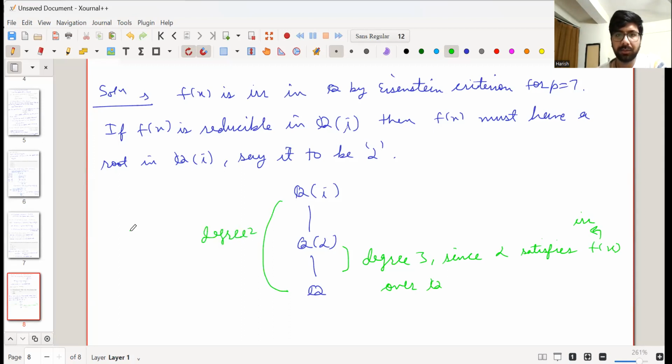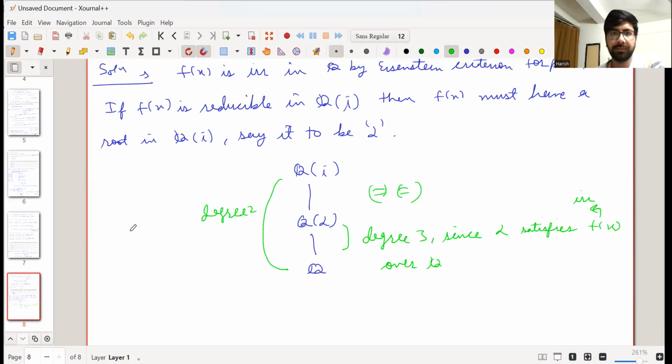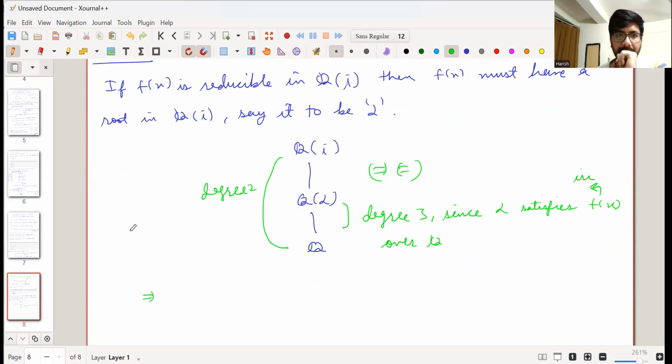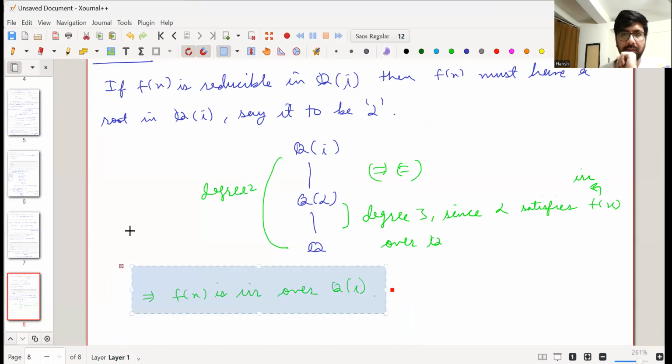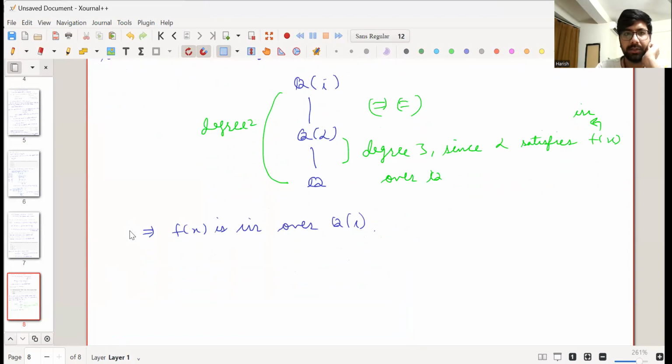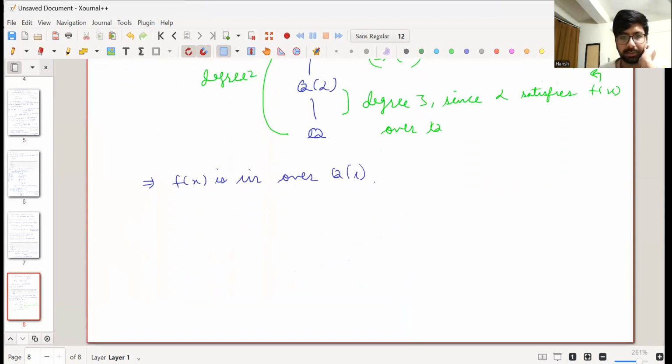So this is a contradiction, right? So this implies f(x) is irreducible over Q(i) as well. This thing we have seen a number of times. So I will move to the next question.